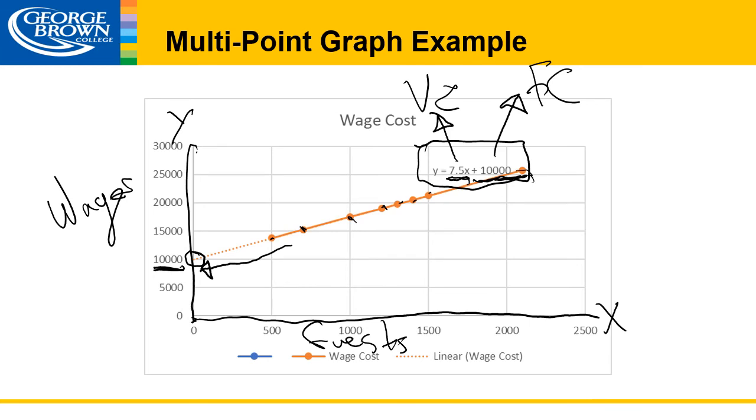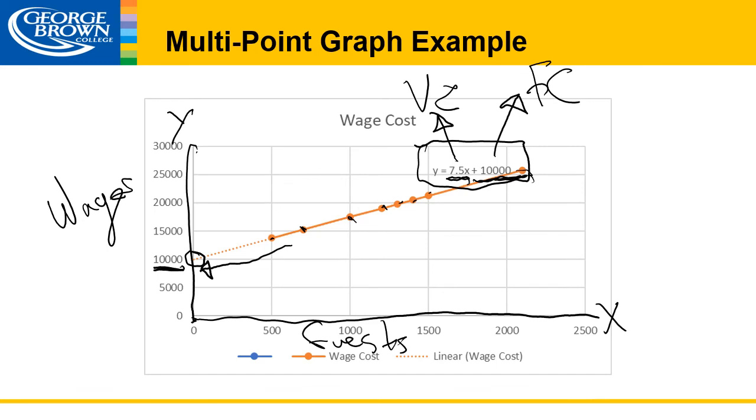Okay, so now that we've showed you the high-low method and the multi-point graph method, which is a scatter plot, now we're going to show you regression analysis. I'm going to speak to the idea that it's going to be a lot more accurate. It's similar in some ways to the multi-point graph method in the sense that regression analysis looks at an equation that works 100% of the time across a data set, and it finds a relationship with that equation.